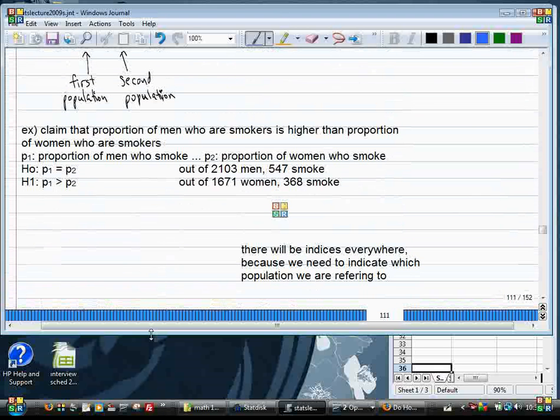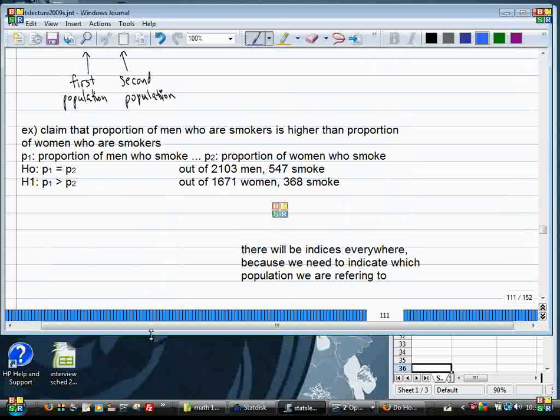Alright. So this is just a reminder. Indices are the little 1s and 2s. So everything that we write down is going to be marked with a 1 or a 2, so we know which population it refers to. Notice that, for example, you can't say, what is N? What is N? You can't say. What do you have to ask?